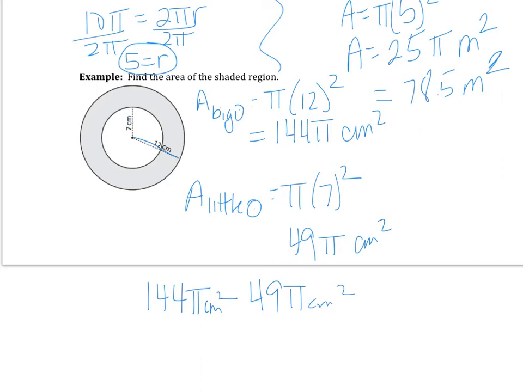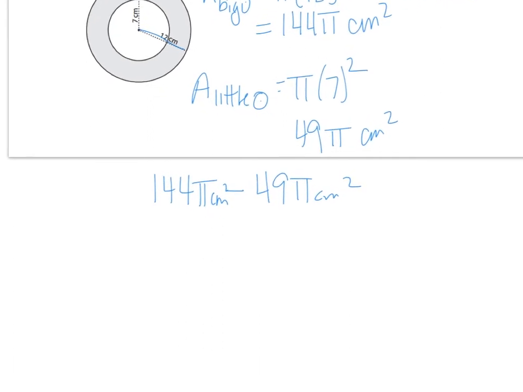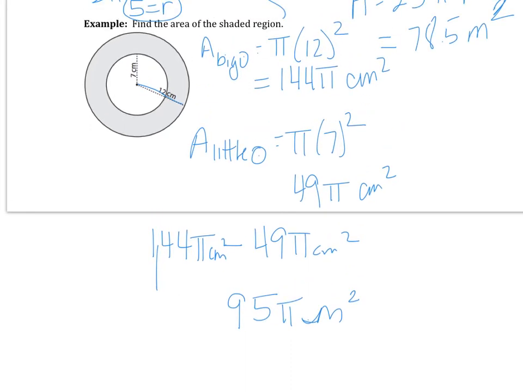Subtracting those two, I get 95 pi centimeters squared. I'm just going to go ahead and leave that as the exact answer. If you wanted to, put that as the approximate answer, again, go ahead and multiply that 3.14 for pi.